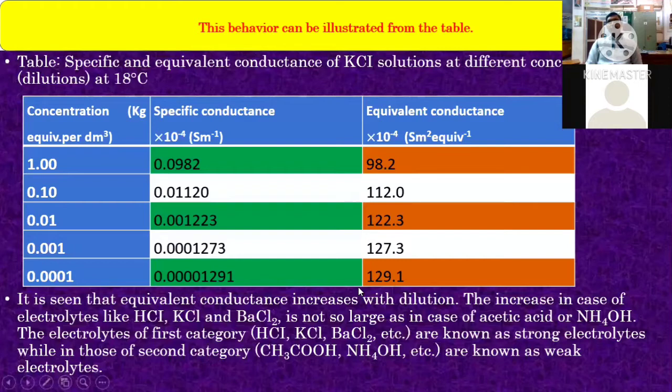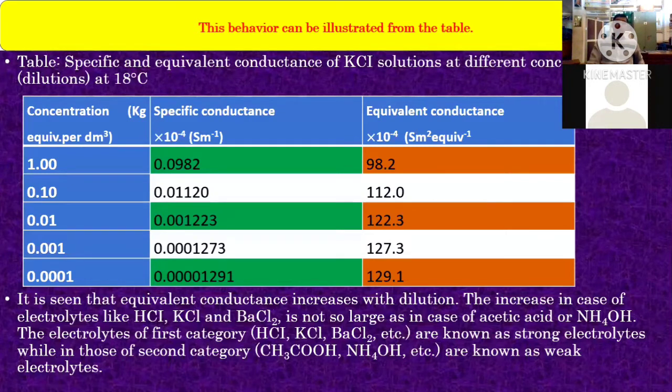This behavior can be illustrated from the table. Here, one more table. In one column, it takes specific conductance and in another column, equivalent conductance.